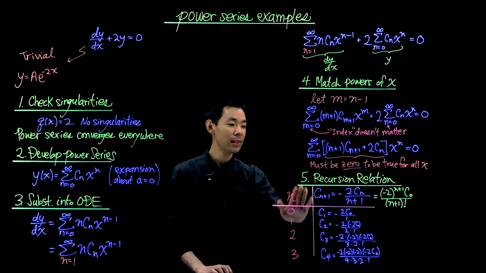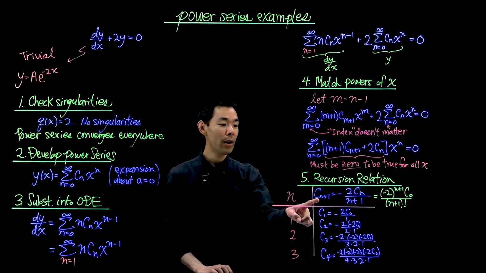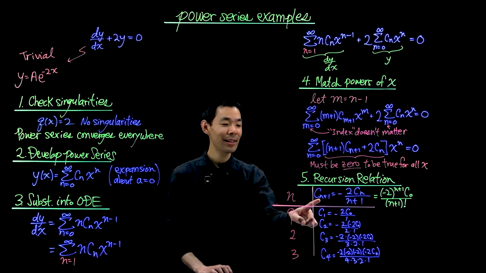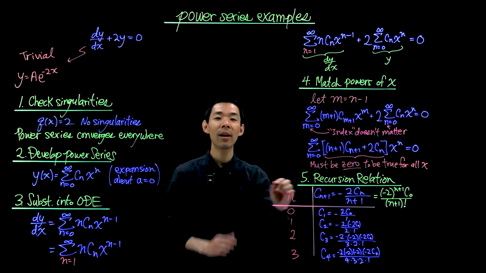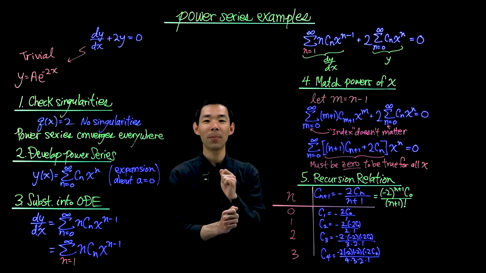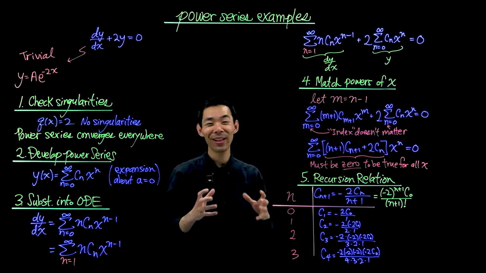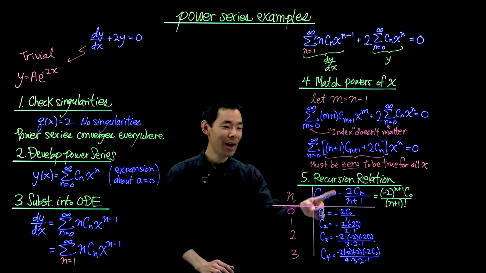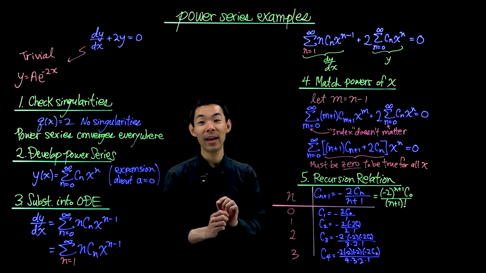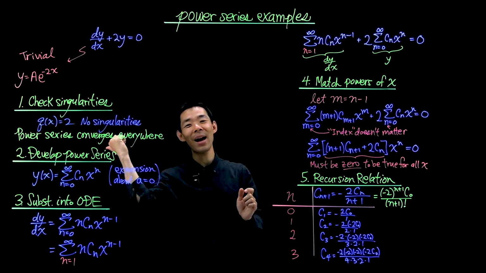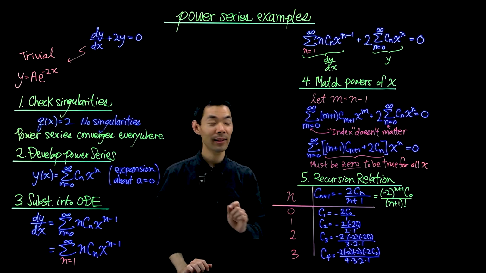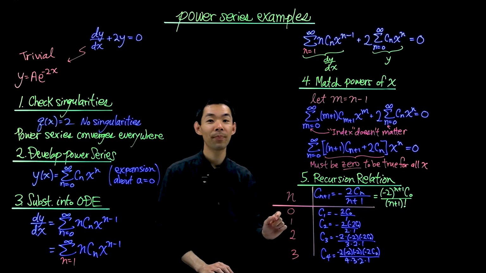So previously, we had a recursion relationship where I had the next coefficient or weight, n plus 1, based on one previous ago, n. Now I have a grand recursion relationship that relates my n plus 1 index all the way back to the 0th index, C0.